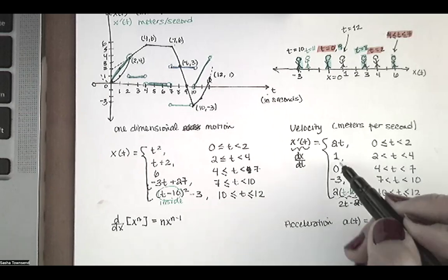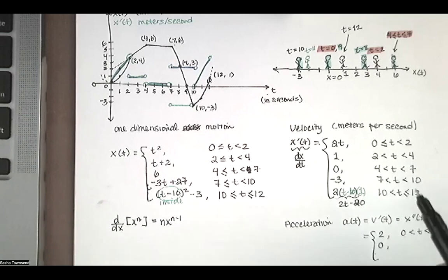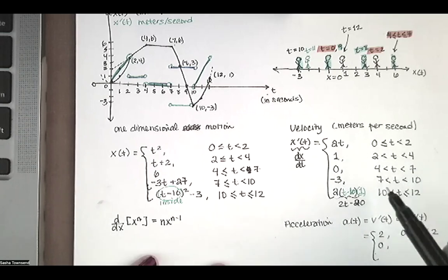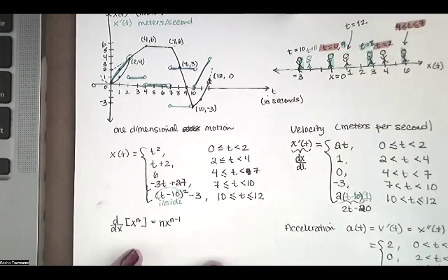On each of these pieces, the function is constant, so its derivative is 0. But you want to be careful. These endpoints are not included for our velocity graph, so they're not going to be included in our acceleration graph. So from t equals 2 to 10, our velocity would have been 0, but we have to exclude t equals 4 and t equals 7 because our velocity is not well defined there.